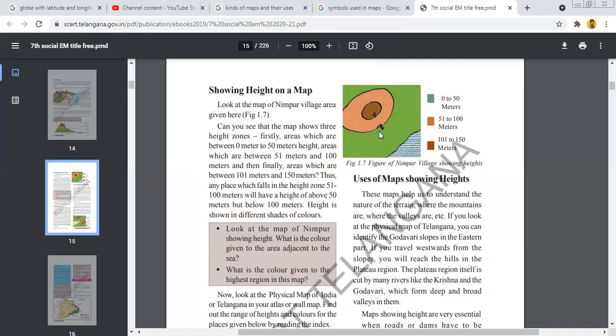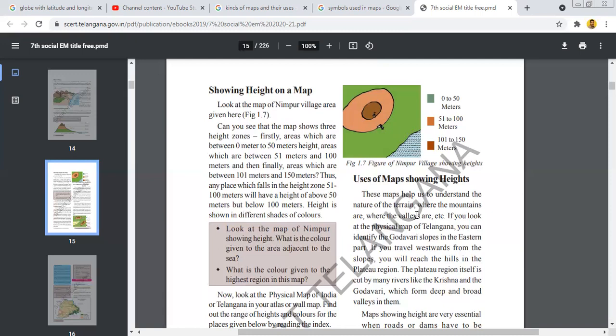Clear? So to show the physical features on the map, we are using different colors and circles. We cannot show exact height on the map. So sometimes we use different colors and circles.